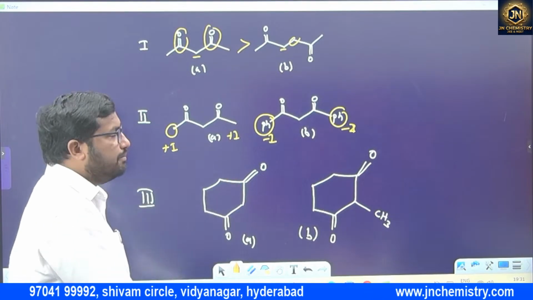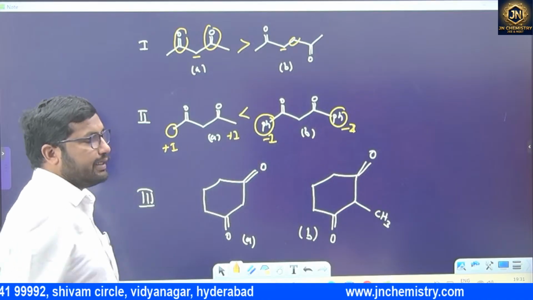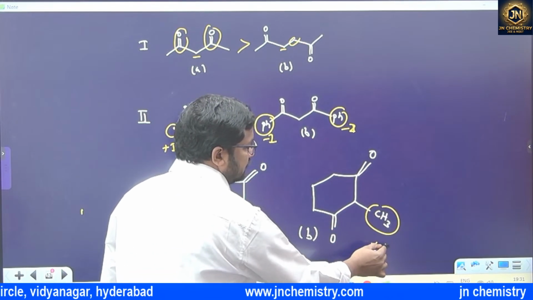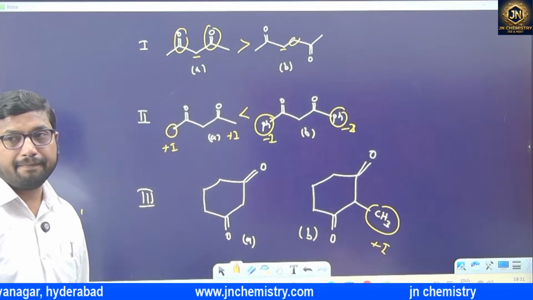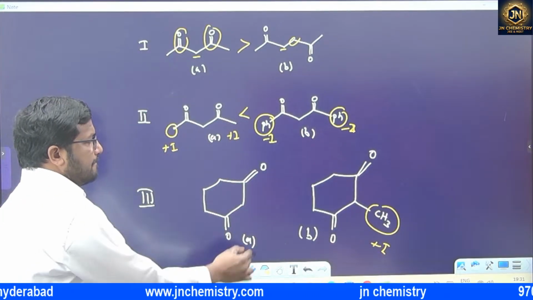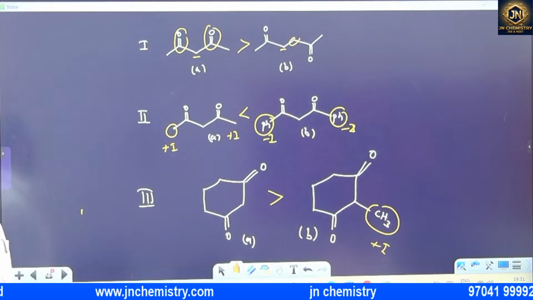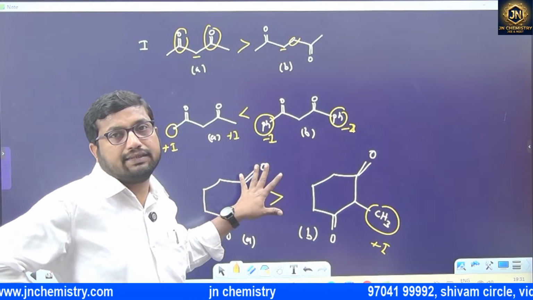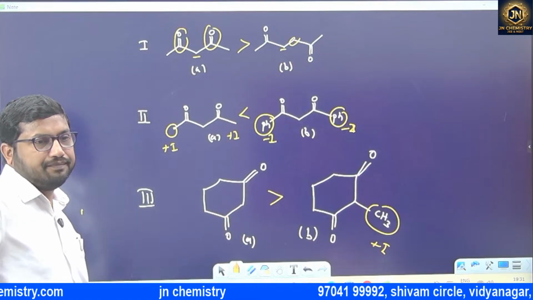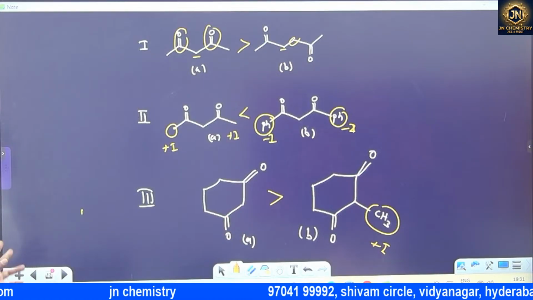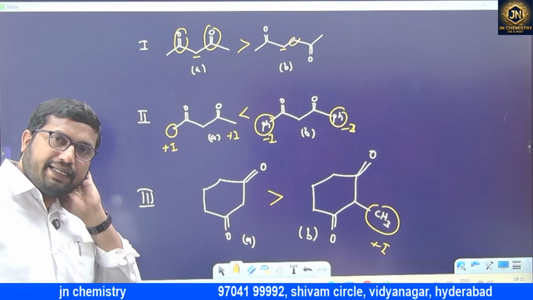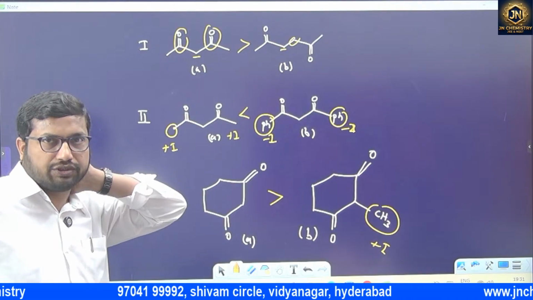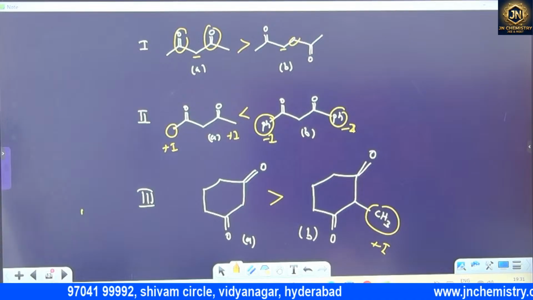Second case. B. Clearly telling. In this case, this is plus I. Nothing. So what is it, A or B? Hmm? A. Write it down. A lot of people are confusing in this particular case. Actually, experimental data is there. Based on experimental data we need to do, but this is the easiest way we can solve the question. Come on.